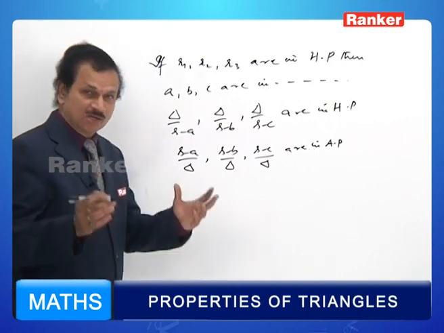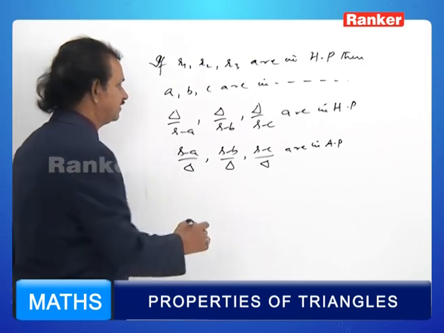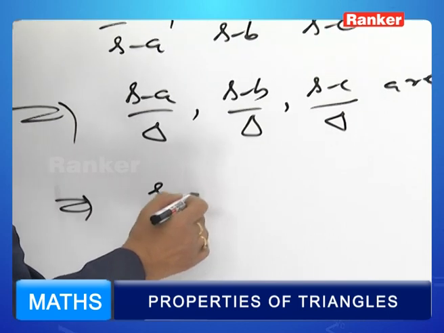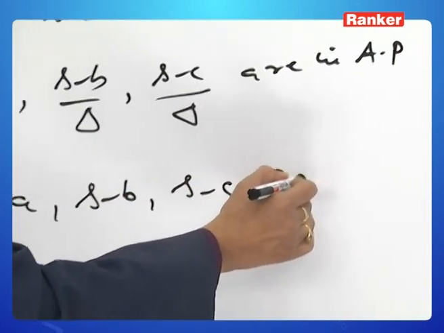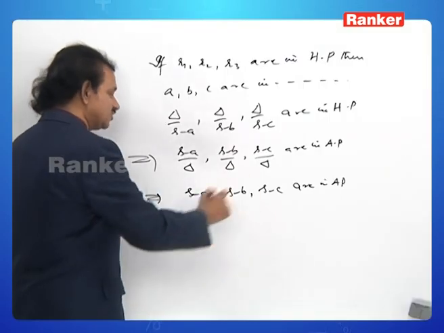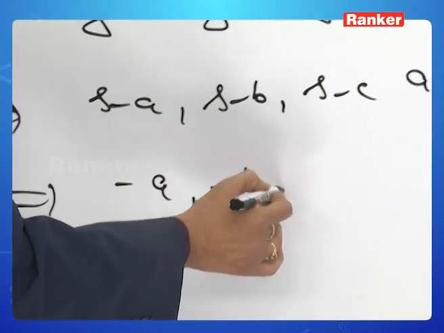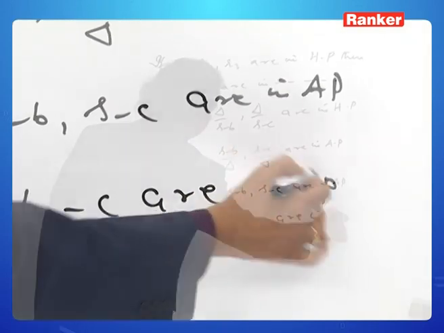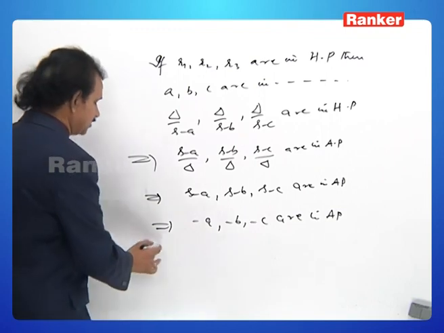Well, basing those things in our mind, I multiply all the terms with delta. What happens? Implies s minus a, s minus b, s minus c are in AP. Now you subtract s on all the numbers. What happens? Minus a, minus b, minus c are in AP. Now you multiply with minus 1. What happens?